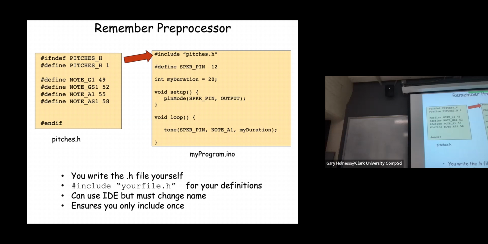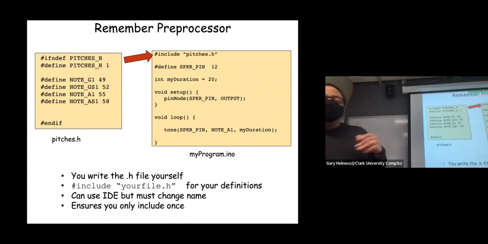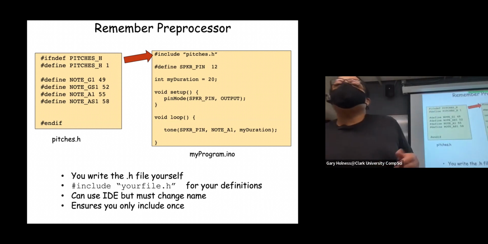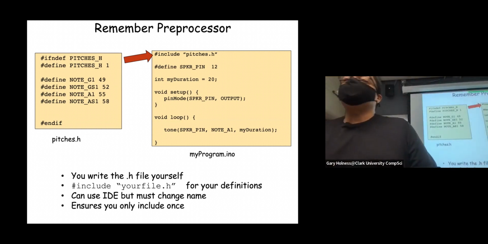But if you only have definitions, well, you just have the number sign include, and in this case, pitches.h, which is a set of definitions that make it programmatically easier to set the delays needed for the tone library, so you can use the notes by name instead of by the frequencies.